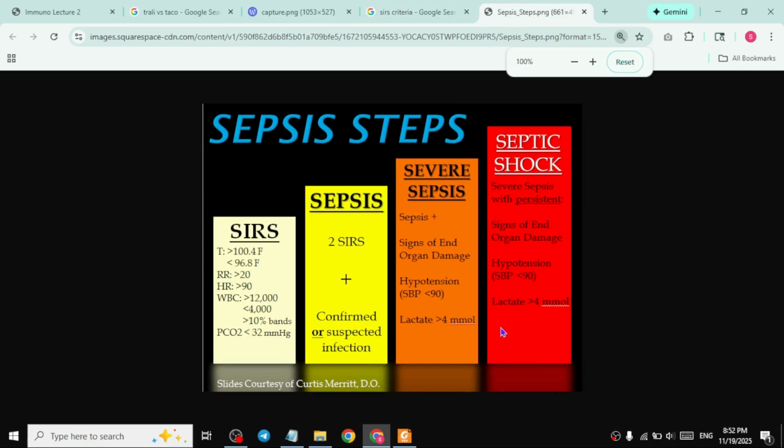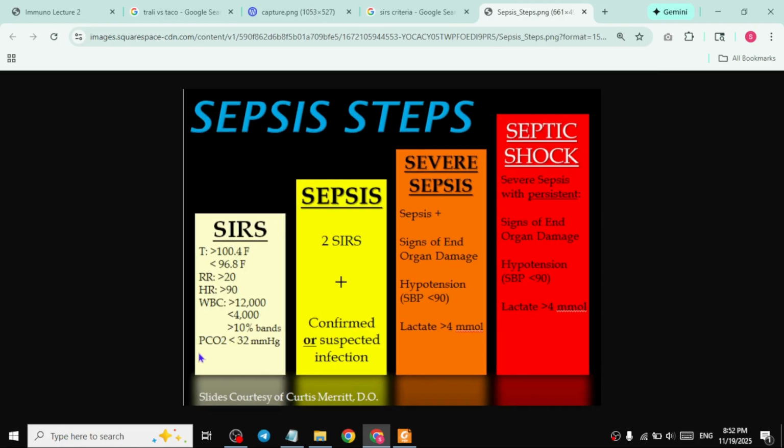So what we're trying to understand is that there are different steps towards septic shock. We classify people based on how much organ damage they have when we're talking about septic shock. But when you talk about SIRS, the vitals are what's important, so you have to remember these vitals. You can have high temperature, high respiratory rate, high heart rate.